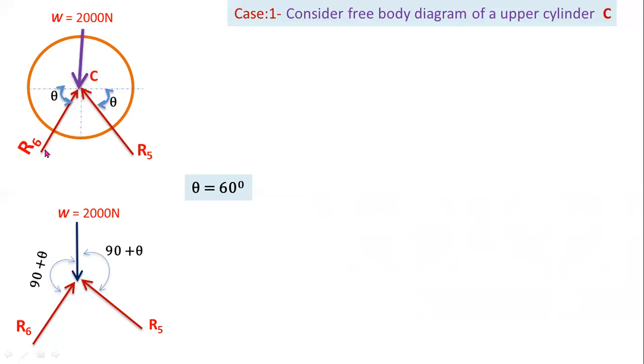And the angle between reaction forces R5 and R6 is 180 minus theta minus theta, so 180 minus 2 theta is the angle between these two reactions. So the angle between the forces R5 and R6 is 180 minus 2 theta, with theta equal to 60 degrees, so 180 minus 120 equal to 60 degrees.